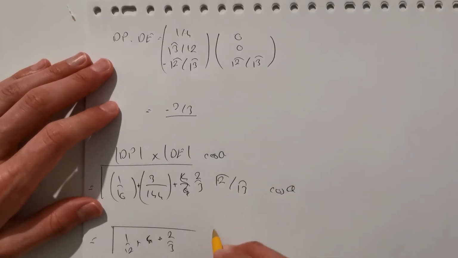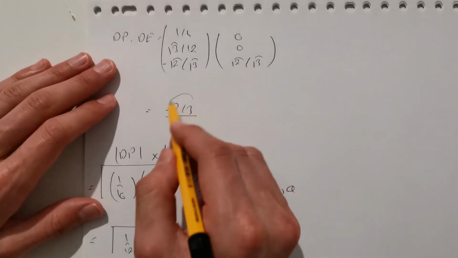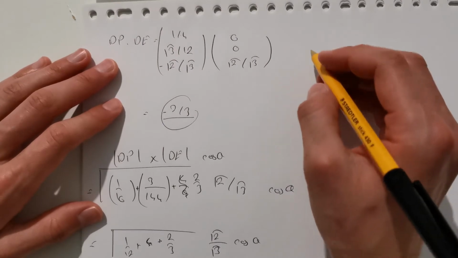Obviously we have root 2 divided by root 3 here. Now equating this with this is going to give me cos theta.